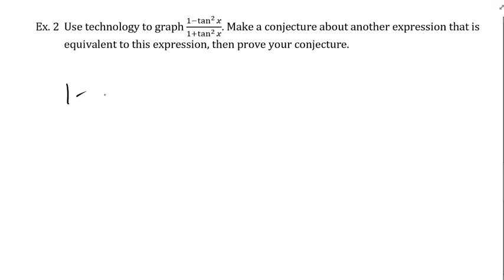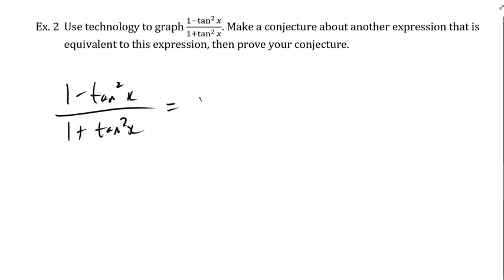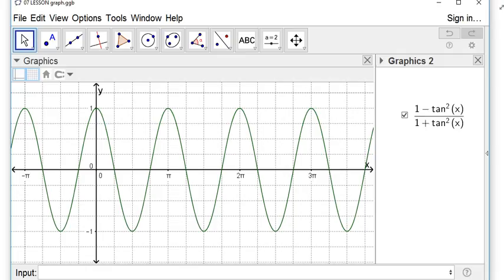So 1 minus tan squared x over 1 plus tan squared x equals cos 2 theta, or 2x. So a 2 is like a horizontal compression, right? By a factor of 2. Nice.